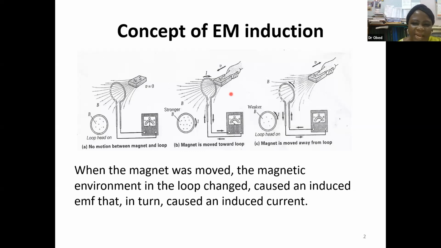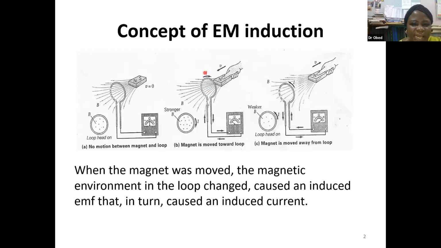So looking at the diagram labeled B, we can see that moving the magnet towards the loop increases the number of field lines passing through the loop. Here we have, if we count, about 7. Here we have about 12 field lines passing through the loop, and an induced current is detected.